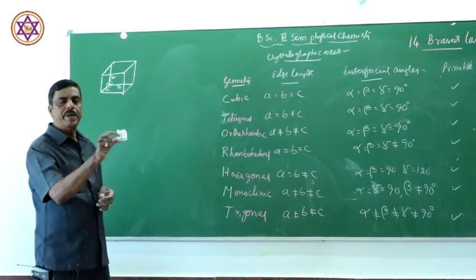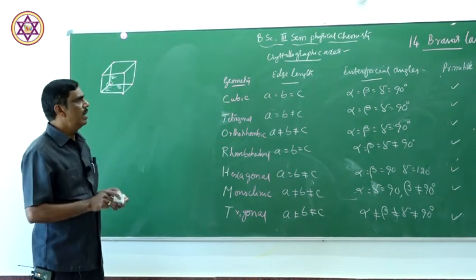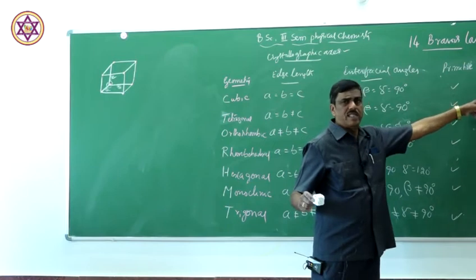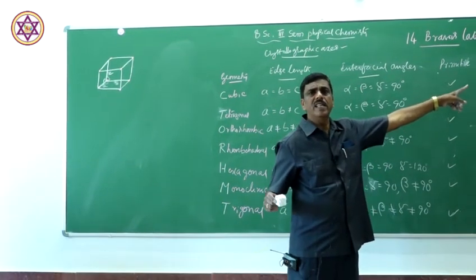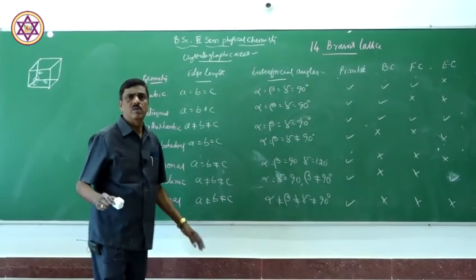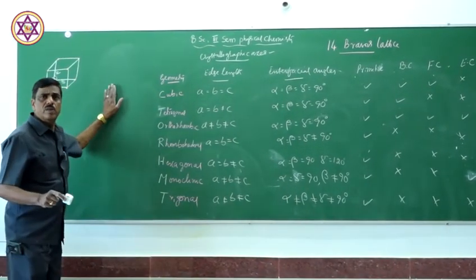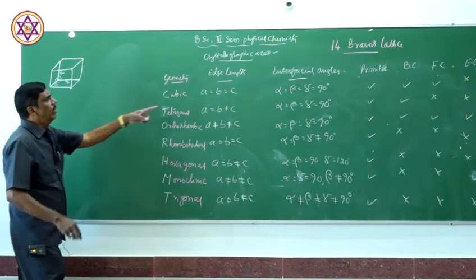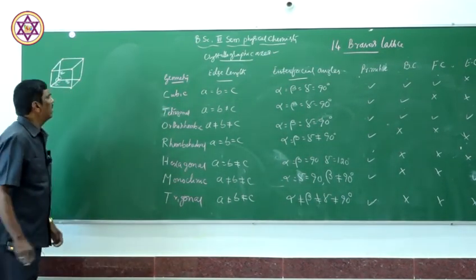This is primitive or simple cubic lattice, whereas there are other Bravais lattice, body centered lattice and face centered lattice. So here we have body centered and face centered.